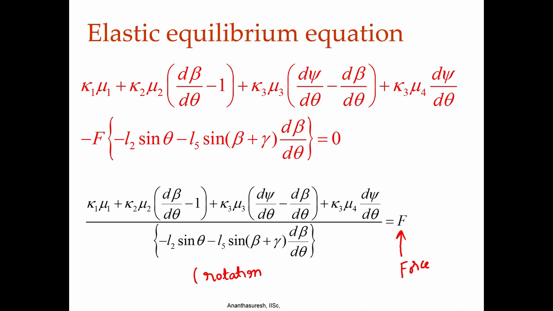So, we need to find this rotation theta, on which the psi and beta also depend. So, we have force and rotation equilibrium equation for the example we had considered in the analysis case. So, we will have these elastostatic equilibrium equations.